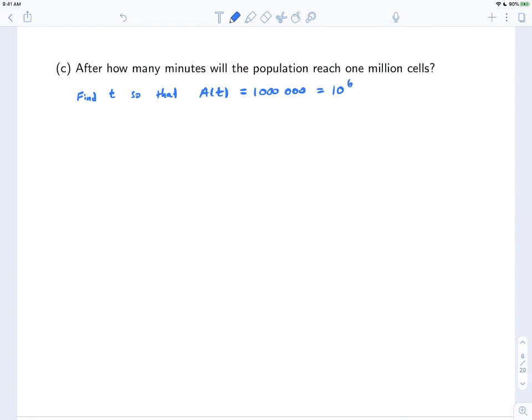Okay, so we have a formula for A at t, and let's go back to our base e version of this formula. So it's going to be 20 times e to the ln of 2 over 10 times t. And we want to solve this for t so that we get 10 to the 6th.